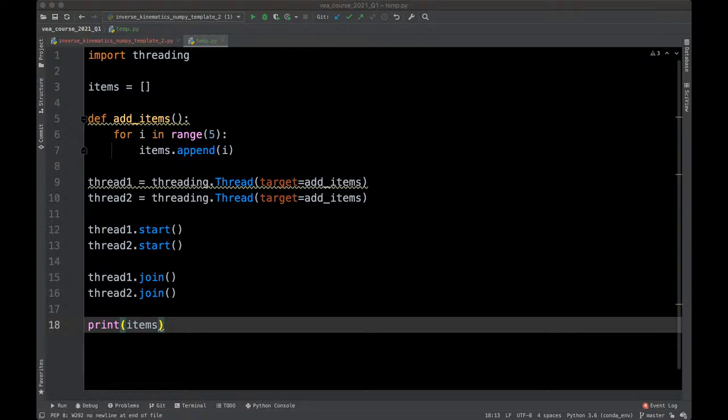So yes or no. Can we predict it or can we not predict it? If you say that we can predict it, maybe you can please type in what will be the numbers, or if you say that you cannot predict it, then you just say no, that we cannot predict it.